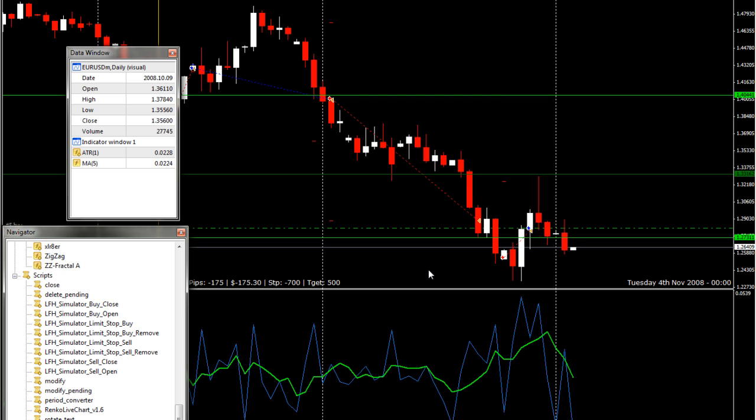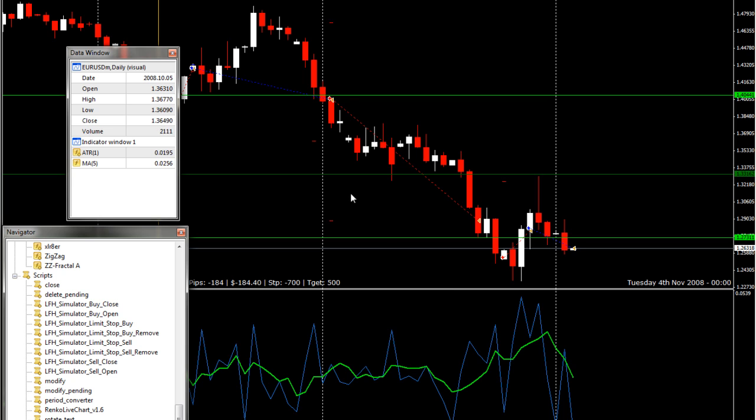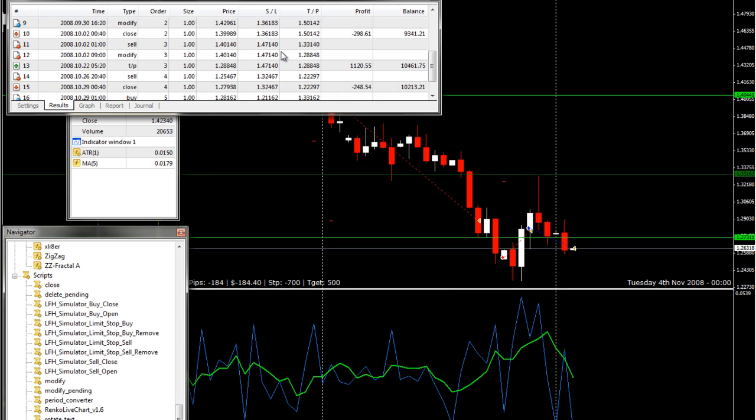Okay, so we've got a close below that line again. So I need to close the buy. That's closed now. Let's see what the loss was. This was 184 pips. So altogether this is 434 pips.